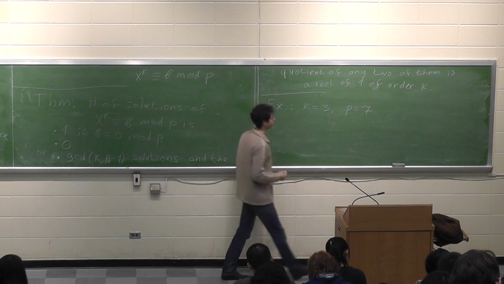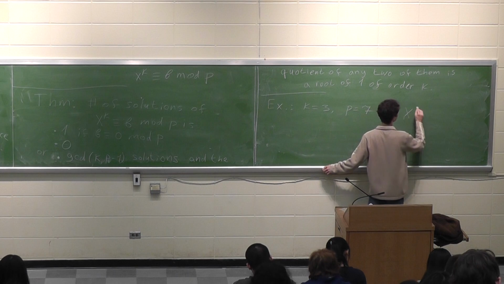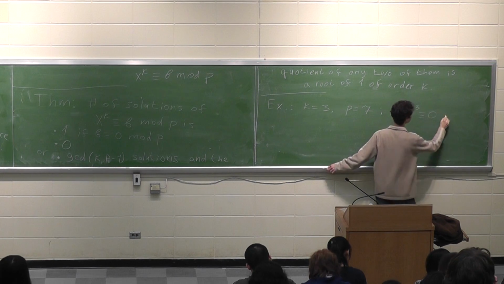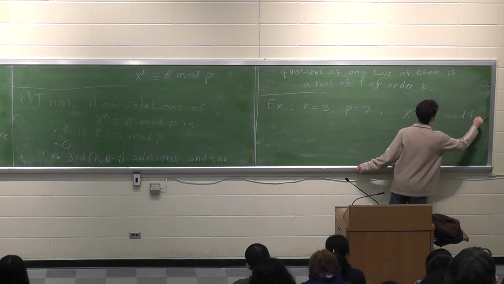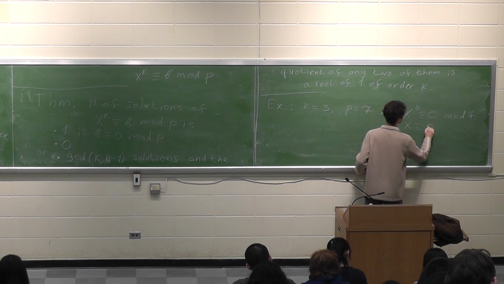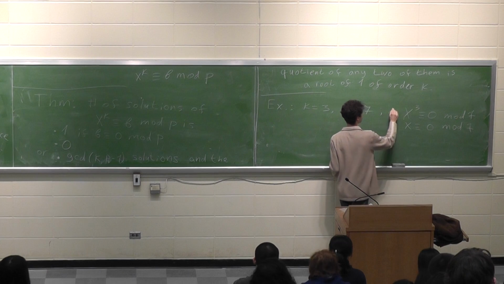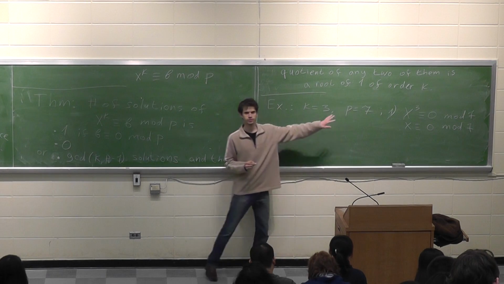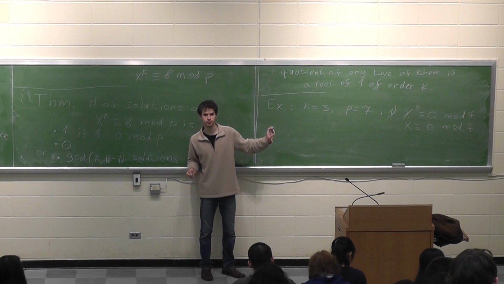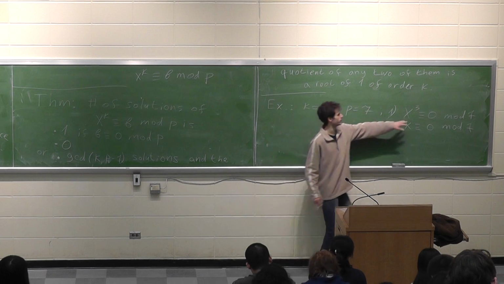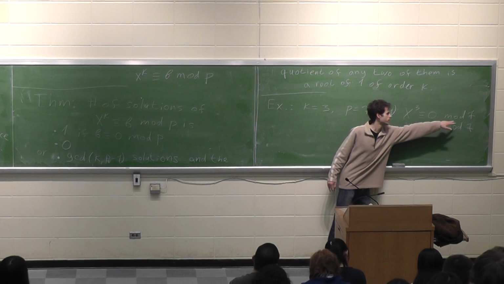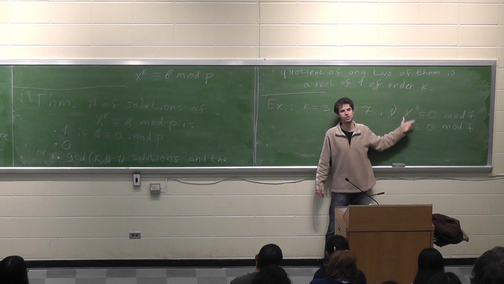So, if I want to solve x cubed is congruent to 0 modulo 7, well, I have one solution. This system is very simple to analyze always. I mean, if this number is prime, then this is just the same thing.